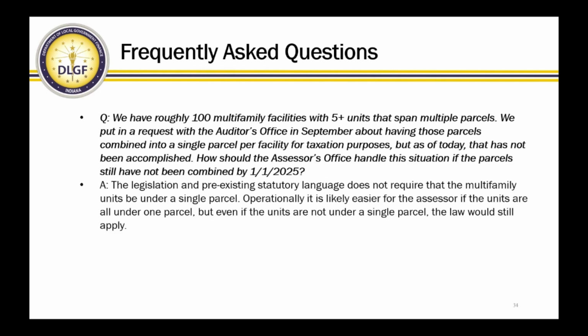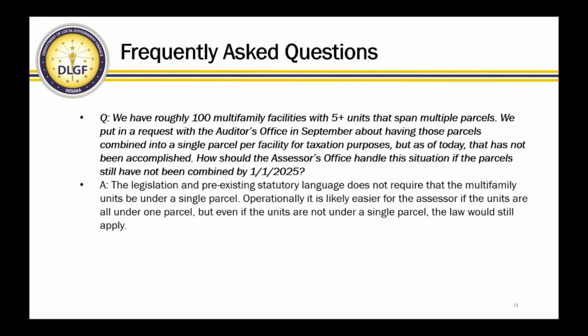We have roughly 100 multifamily facilities with 5+ units that span multiple parcels. The assessor's office put in a request with the auditor's office last September about having those parcels combined into a single parcel for taxation purposes, but as of today, that's not happened. How should the assessor's office handle it if the parcels have not been combined by the January 1st, 2025 assessment date?